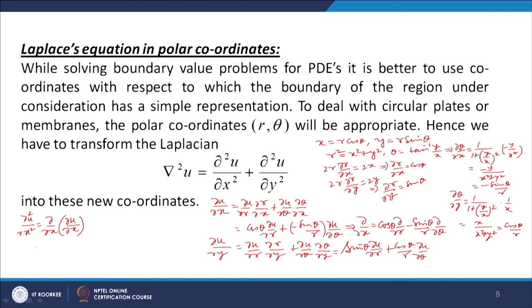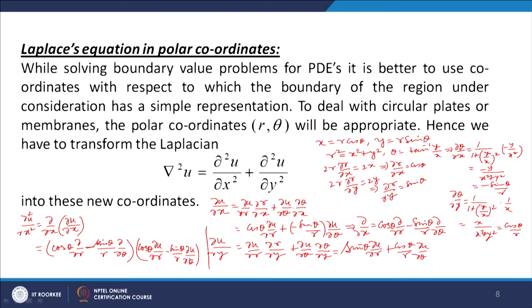Okay. So, I can put it here. So, cos θ ∂/∂r minus sin θ over r ∂/∂θ, applied to ∂u/∂x, and ∂u/∂x is cos θ ∂u/∂r minus sin θ over r into ∂u/∂θ.